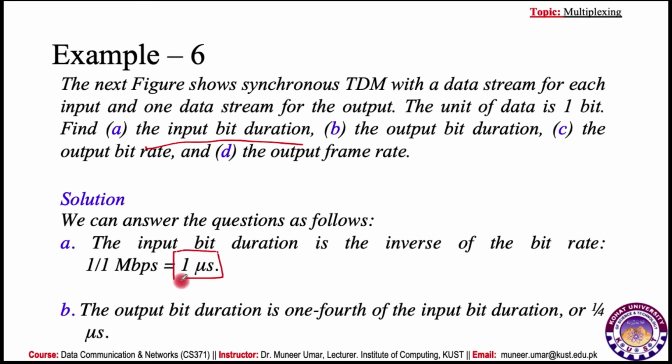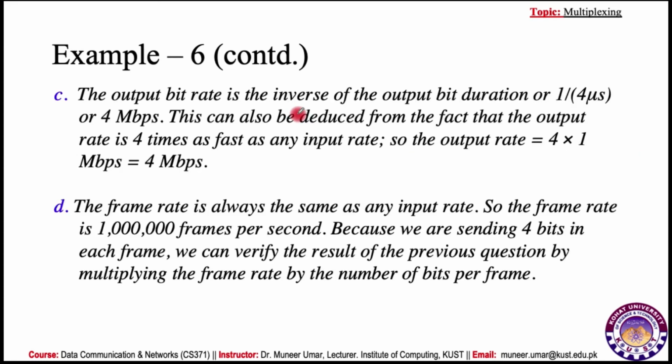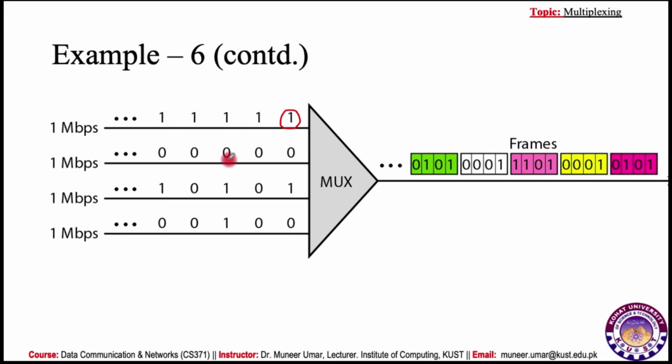So this would be the duration for input bit. Here duration for the input, this 1 bit is 1 millionth of second or 1 microsecond, also for all these bits.